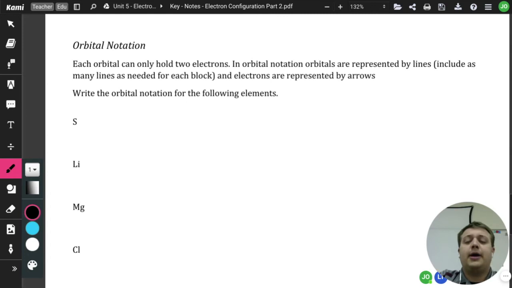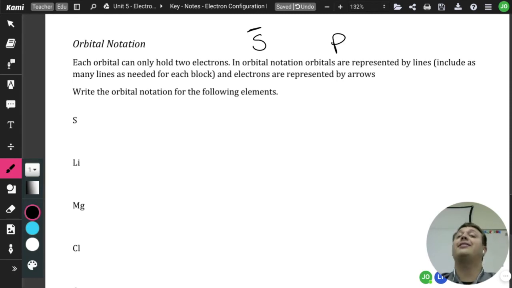So if I'm talking about an S sublevel, remember your S sublevel can only hold 2 electrons, so S is only going to ever have 1 orbital, okay? P, if you remember, can have up to 6 electrons. So since each orbital can hold 2 electrons, we're going to need 3 orbitals for the P sublevel.